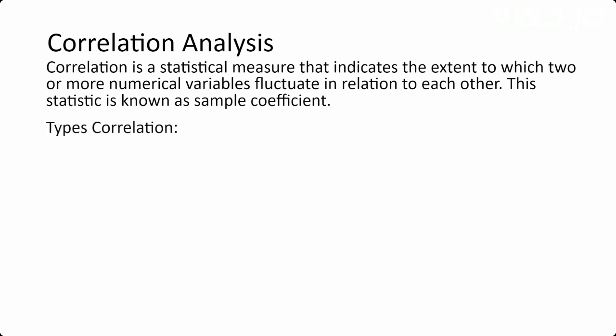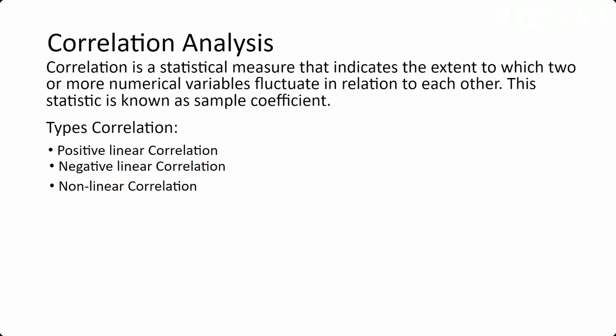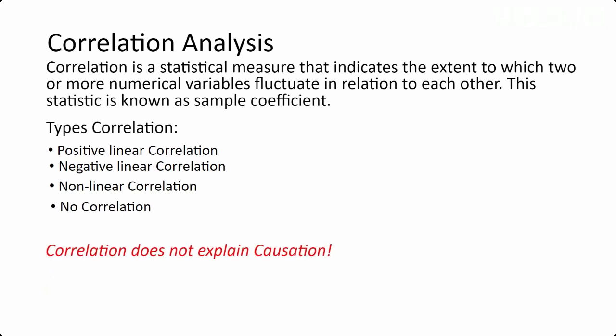There are four types of correlation which you would expect: positive linear correlation, negative linear correlation, non-linear correlation, and also no correlation at all. Kindly note that correlation does not explain causation. Let me give you an example.